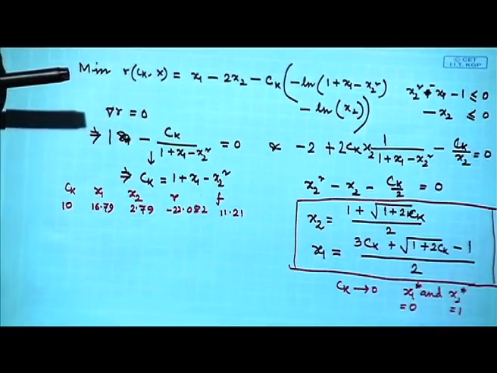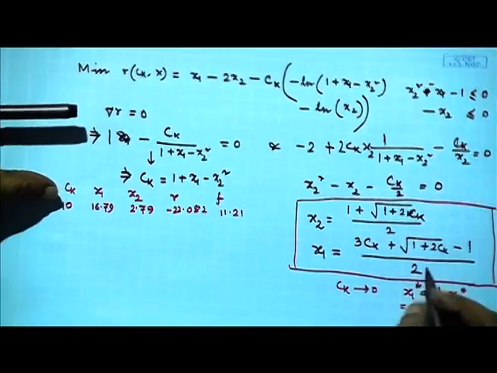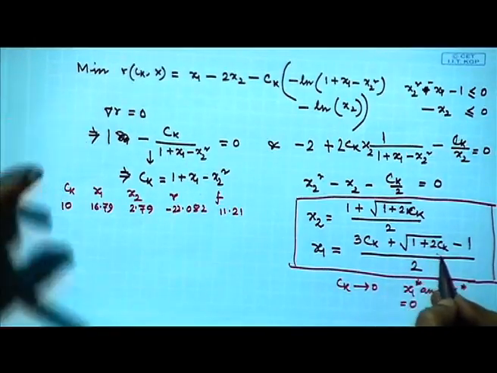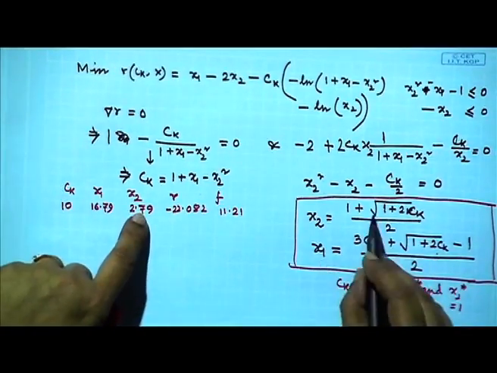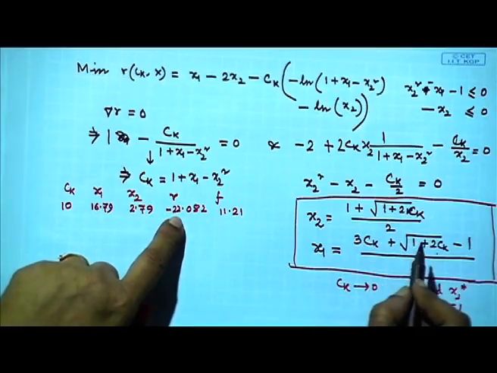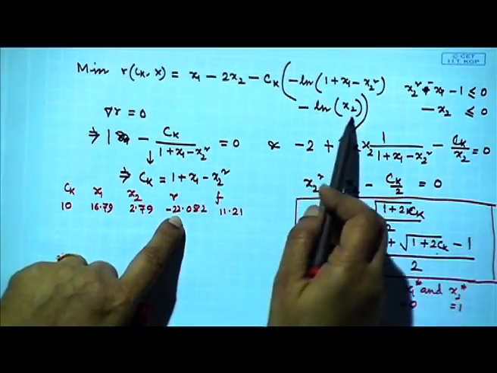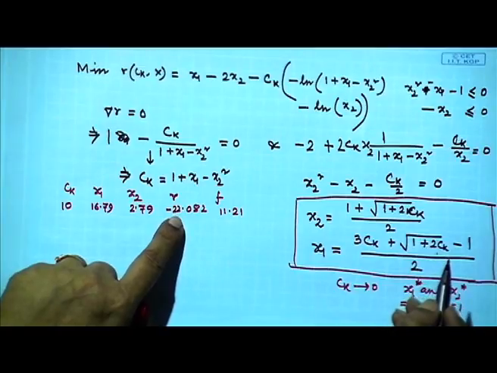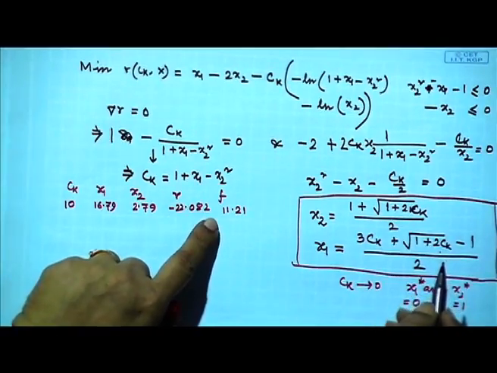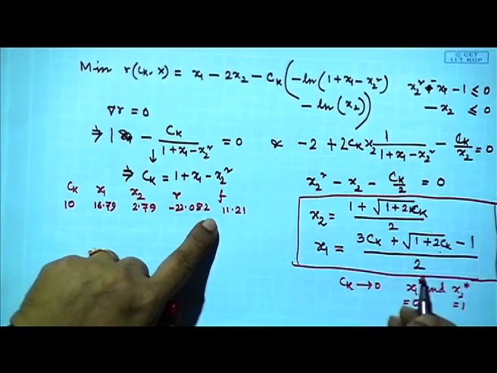Is it clear, how to get this value? If you substitute the value for ck here, x1 will come from this, x2 will come from here, and the r value will come if I substitute the values for x1, x2 and ck here, and the original f will be x1 minus 2 x2.